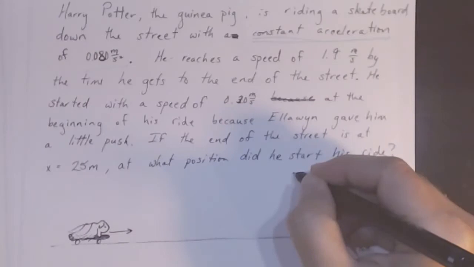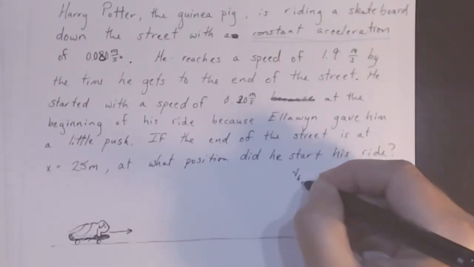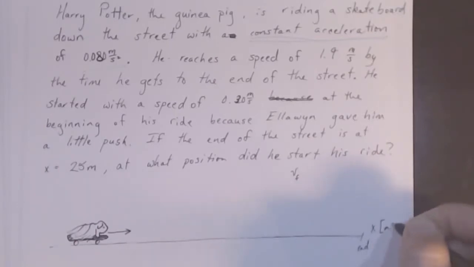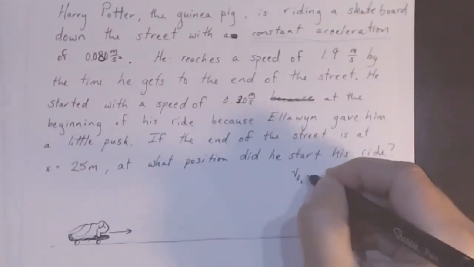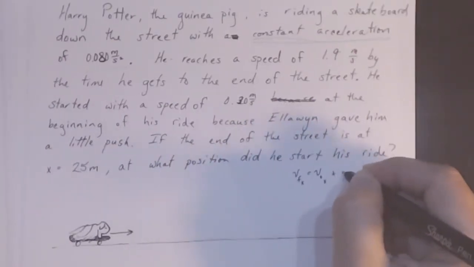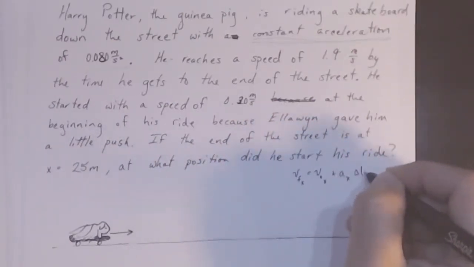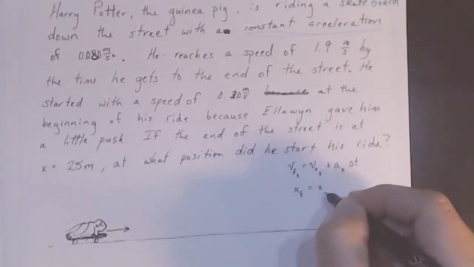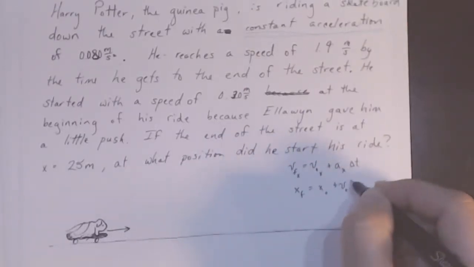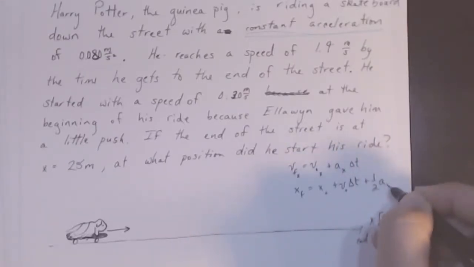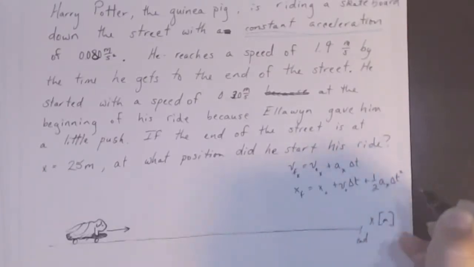be looking at them. But V final, let's give this the x direction, and we'll put it in meters. So V final x equals V initial x plus AX delta t. There's also x final equals x initial plus V naught delta t plus 1/2 AX delta t squared.